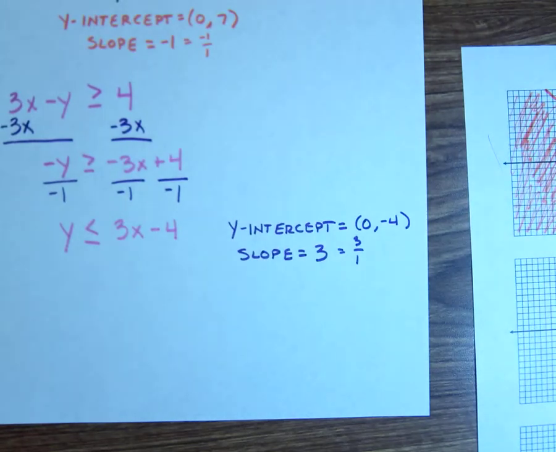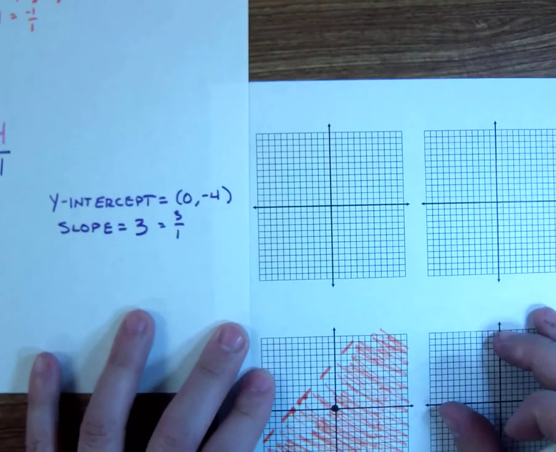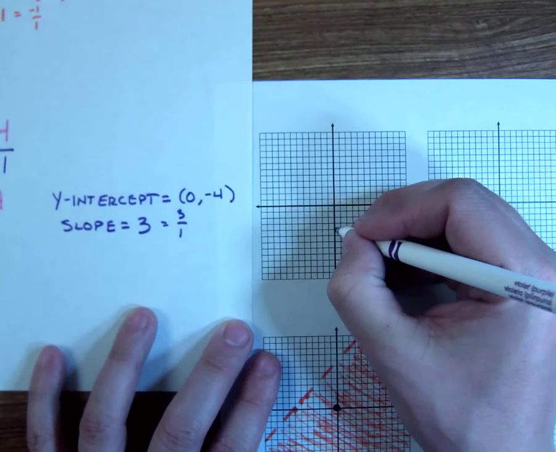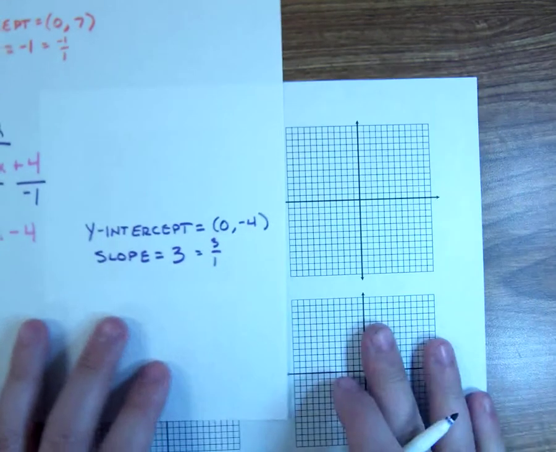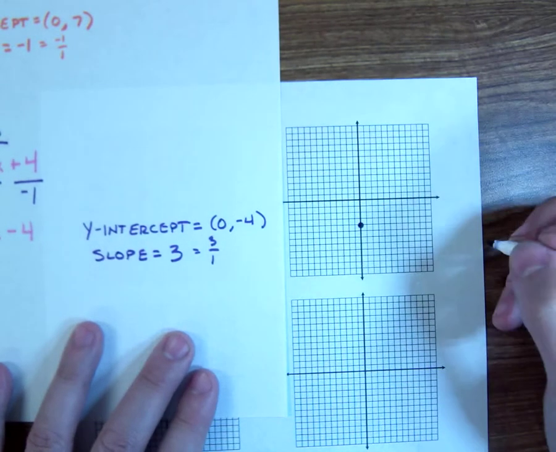And that is the information that you need in order to graph this. I need the y-intercept and the slope, because when I go to my graph, I'm going to start at the y-intercept 0, negative 4. There's 0, negative 4.